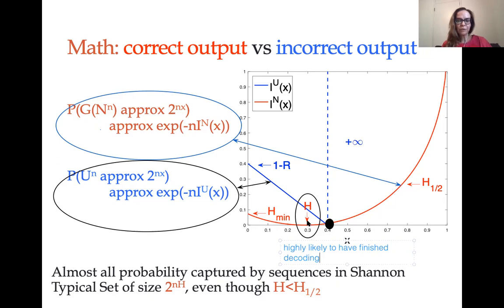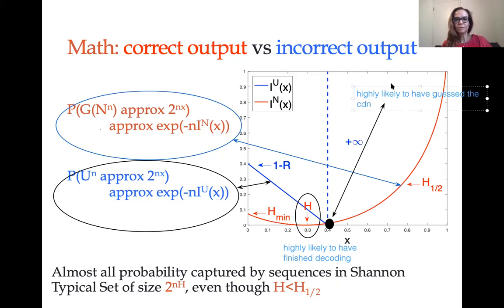As long as that happens before I'm highly likely to have hit the code word difference noise, then I'm okay. So this point here has to happen to the left of this point here. Here I'm highly likely to have finished decoding. Here, on the other hand, I'm highly likely to guess the code word difference noise.